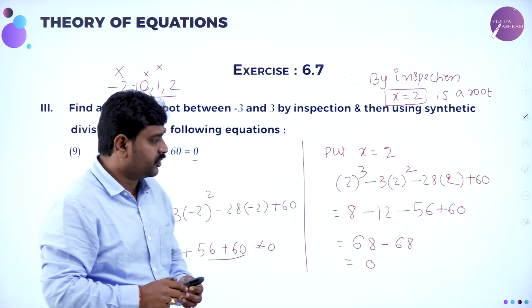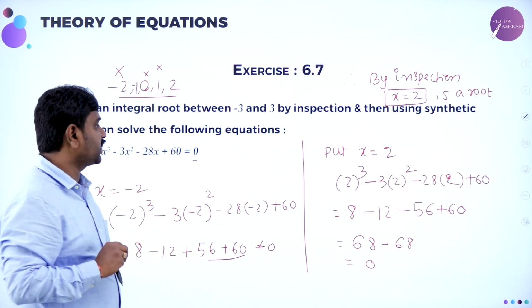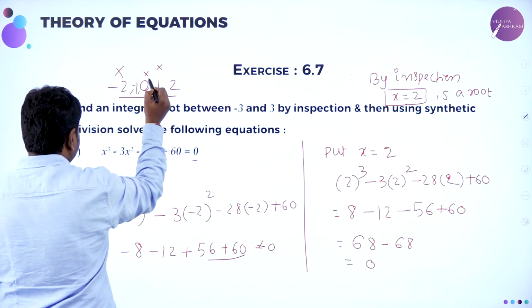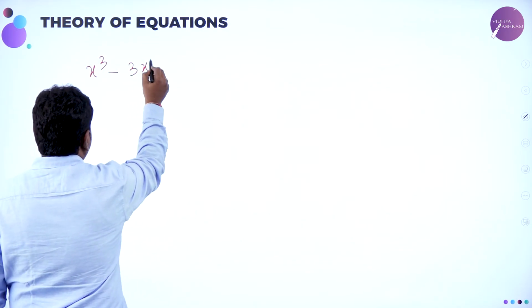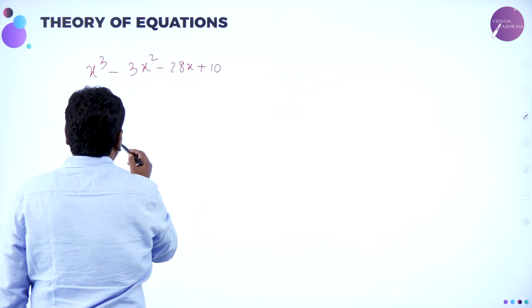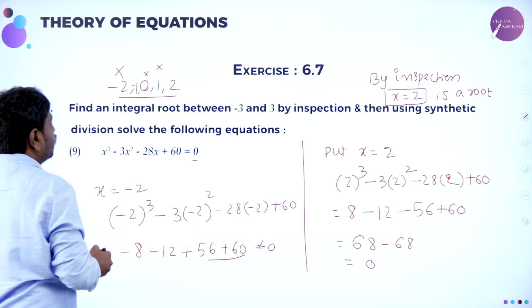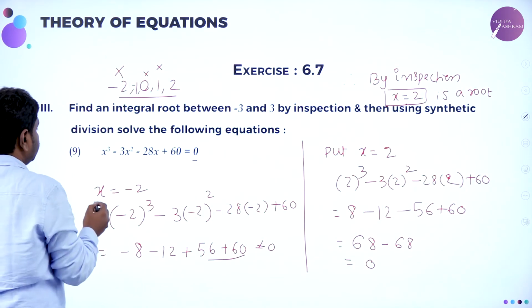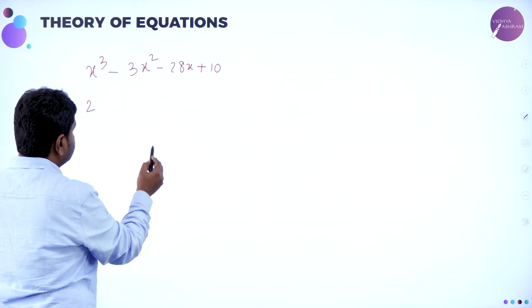Now for the other roots, what should we go for? Synthetic division technique. So now they gave x cube minus 3x square minus 28x plus 60. So the multiplier is one of the roots. What is the root you got? 2. So x is equal to 2. Check the equation, x cube minus 3x square minus 28x plus 60.